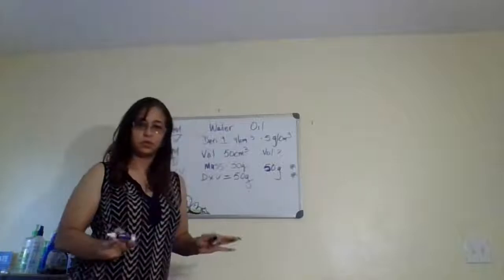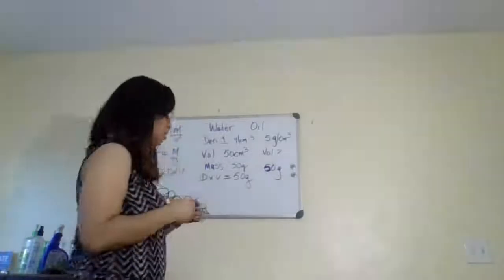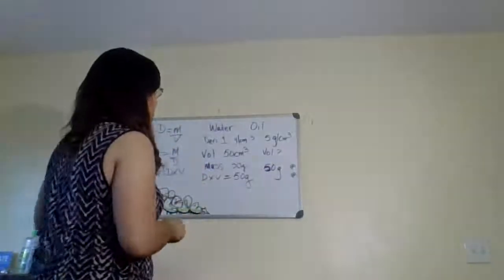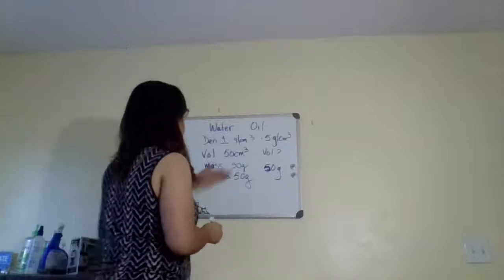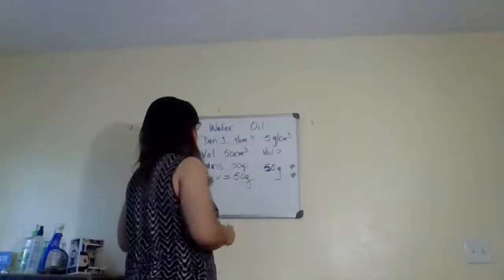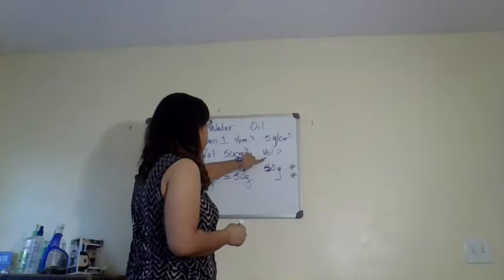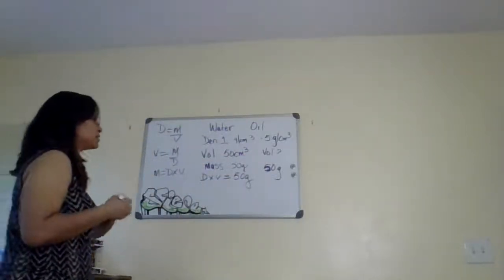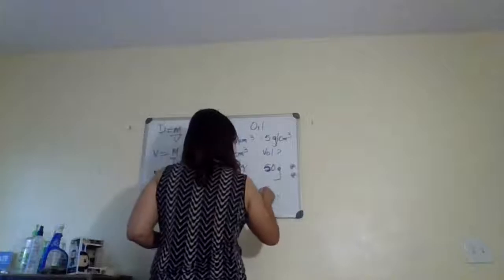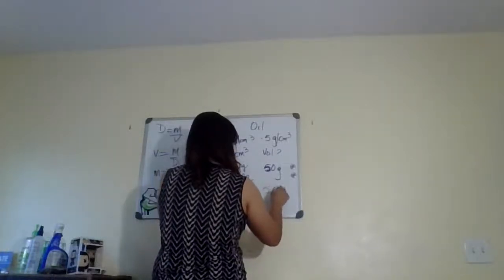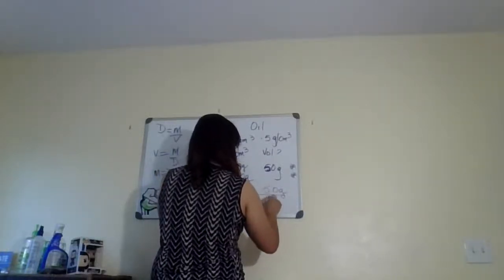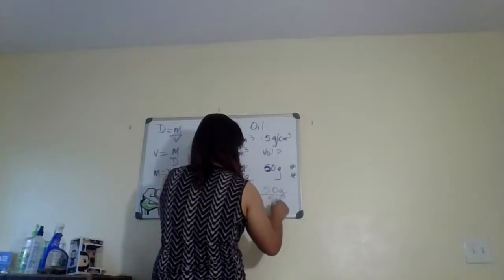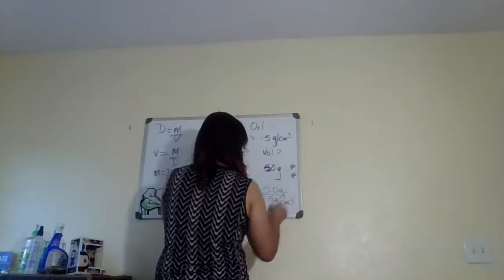Since the mass is 50 grams, and we know we have 0.5 grams per cubic centimeter, we can now solve for volume. The formula for volume is mass divided by density. So it is 50 grams divided by 0.5 grams per cubic centimeter.